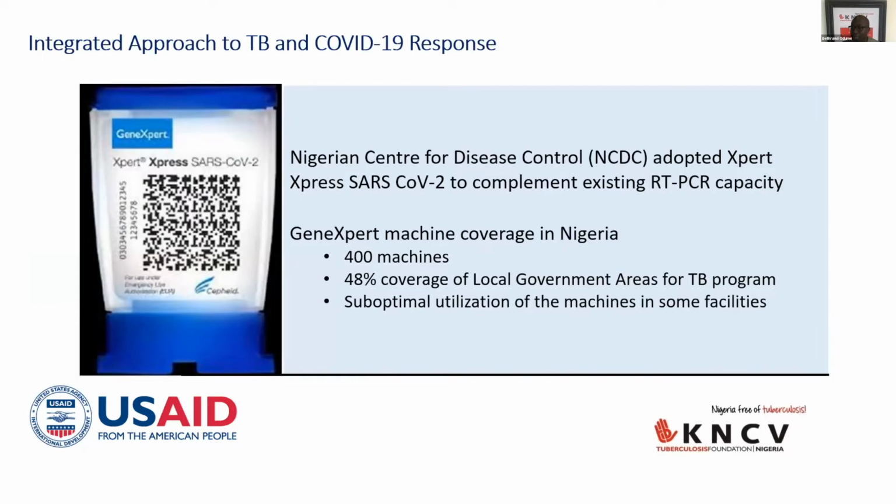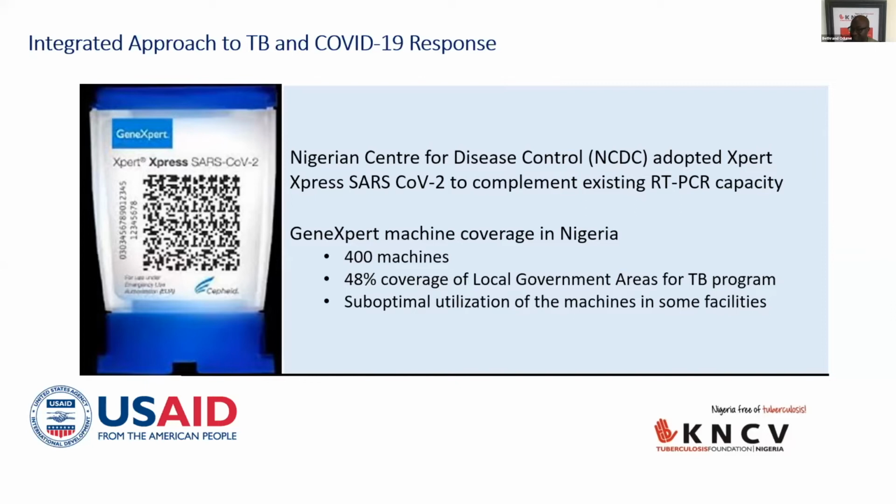What we implemented in Kaduna and Imo, two of the states where we work in Nigeria, is an integrated approach to COVID and TB testing at the peak of the pandemic. The Nigerian Centre for Disease Control, NCDC, adopted the Xpert Xpress SARS-CoV-2 to complement the existing PCR capacity in the country. At that adoption, we had about 400 GeneXpert machines across 48% of the 774 local governments in Nigeria.